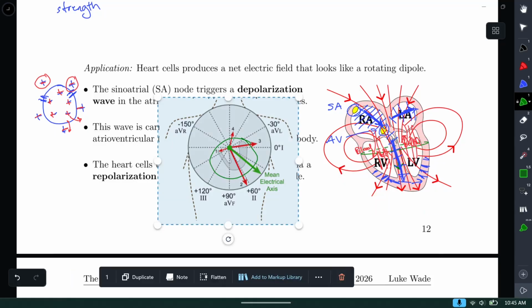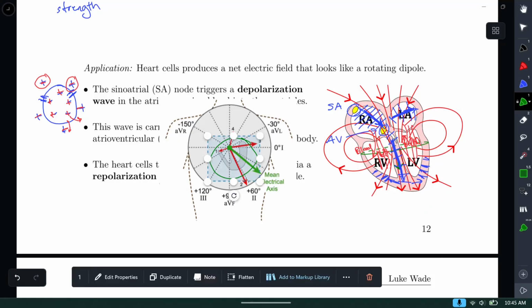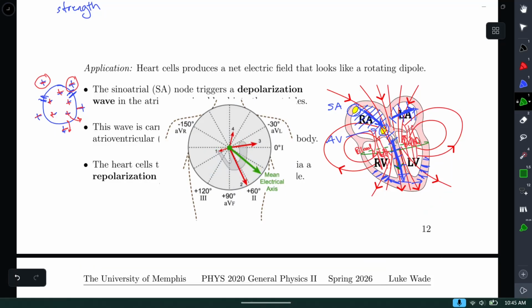If you track the orientation of that dipole, meaning where's their positive charge concentrated, where's their negative, and how much, that's the size of this vector, it rotates as your heart beats. So this is earlier in the heartbeat, a little bit later, a little bit later, a little bit later. And ideally, it just follows that same path over and over and over very regularly.